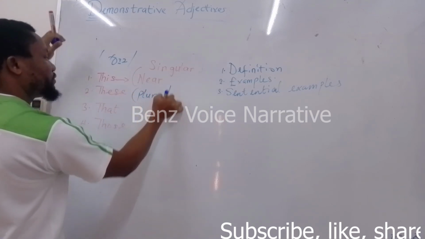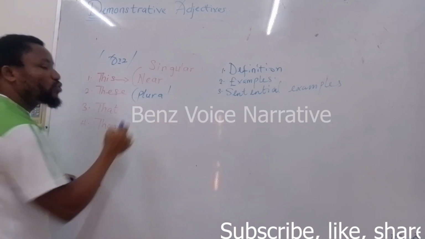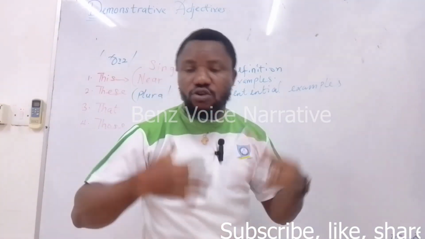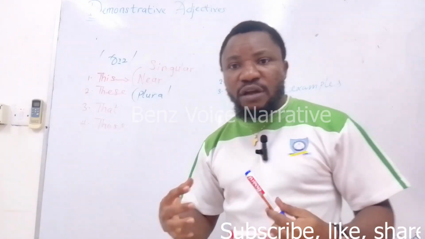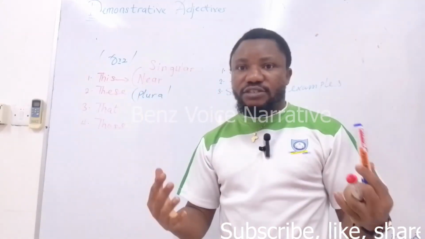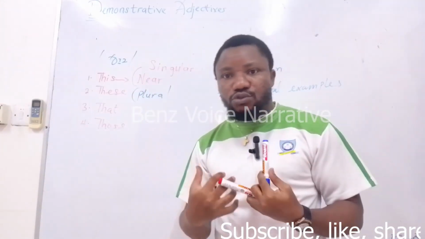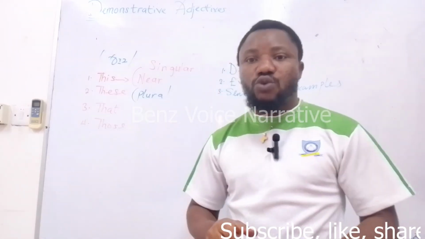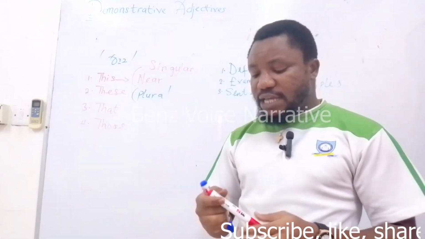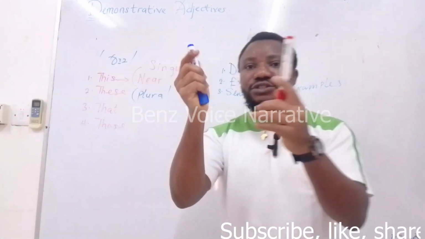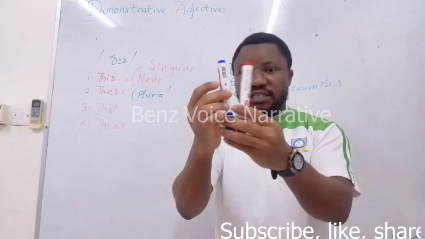It's a plural demonstrative adjective. And again, it refers to things, objects, nouns that are very close, many things, plural items that are close or within the reach of the person who is speaking. An example would be these two markers, these markers.